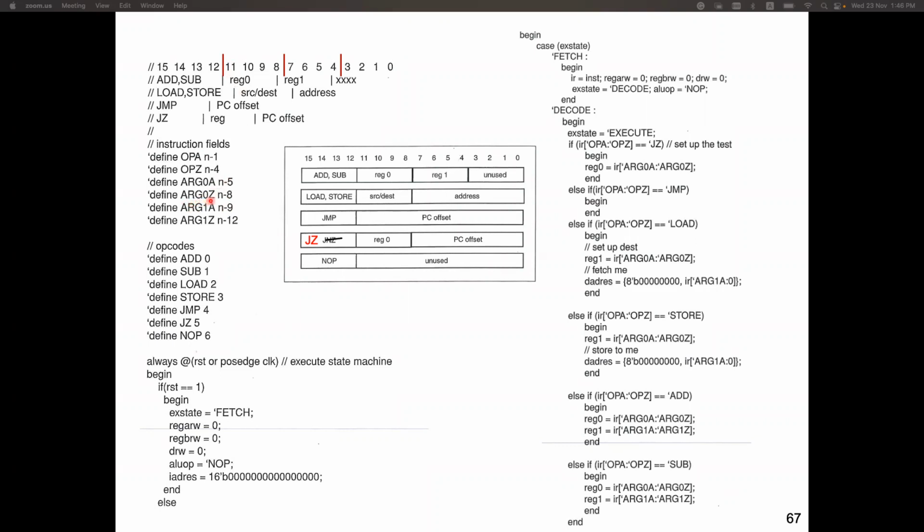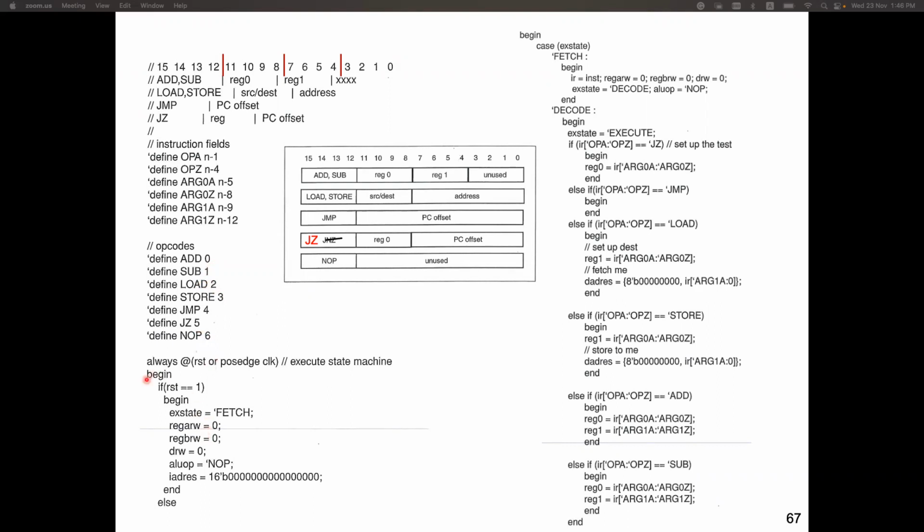Argument 0 ends at bit n-8, which is 8. Argument 1 starting bit is n-9, which is 7 here for n equal to 16. Argument 1 end bit is 4. And for convenience, the operation code given in the table before is now defined here. Add is 0, subtraction is 1, and so on.